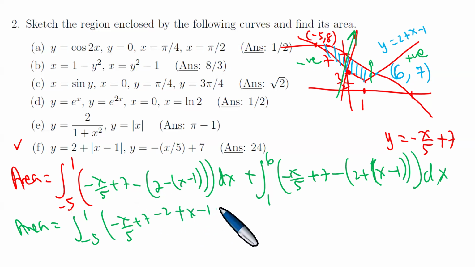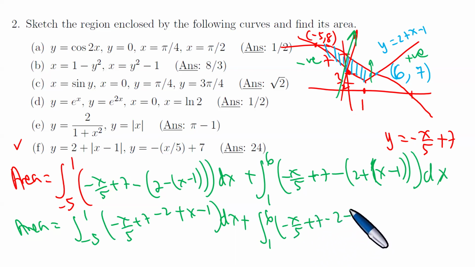Multiply by negative here, and then you get that, dx. And then from 1 to 6: minus x over 5 plus 7 minus 2 minus x plus 1, minus x plus 1.